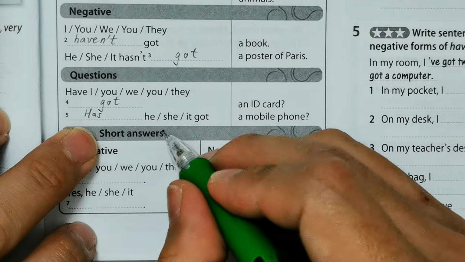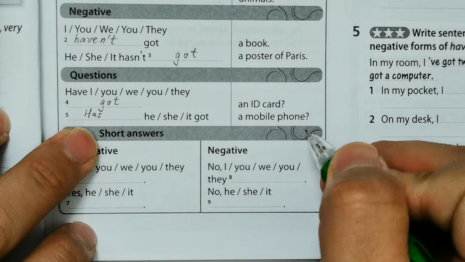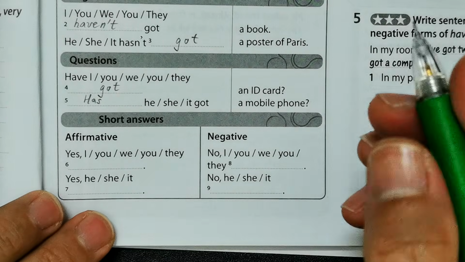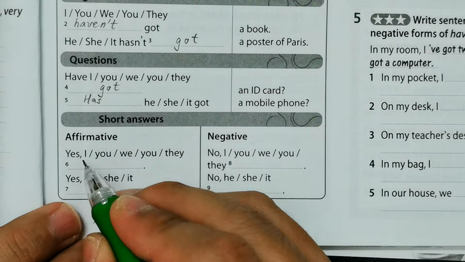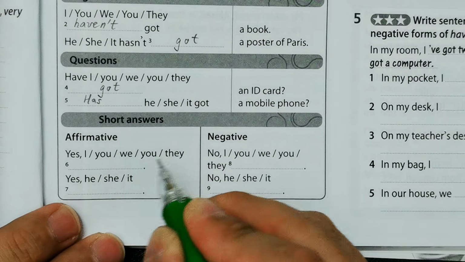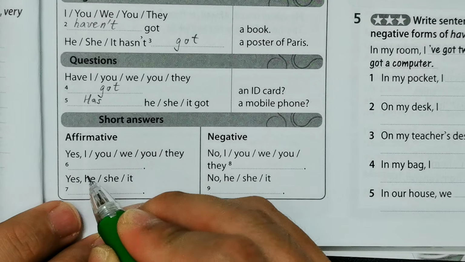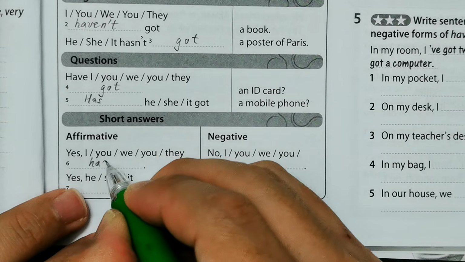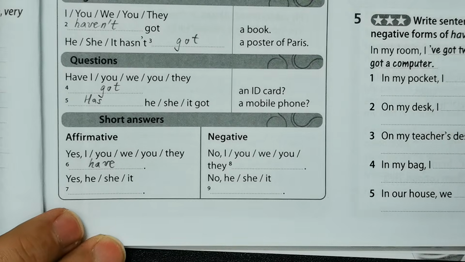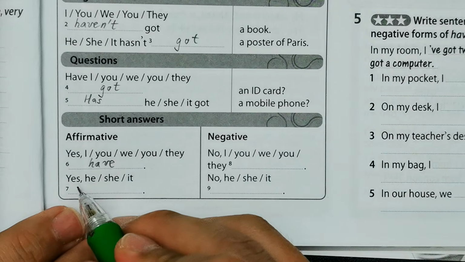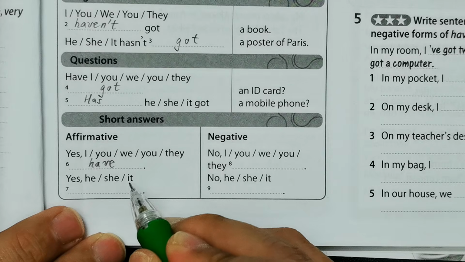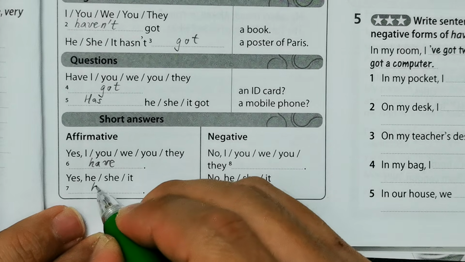So has he, she, it got a mobile phone? And then short answers, affirmative. Yes, I, you, we, you, they. So for number 6 we use have. And then number 7, yes, he, she, it. So number 7, has.